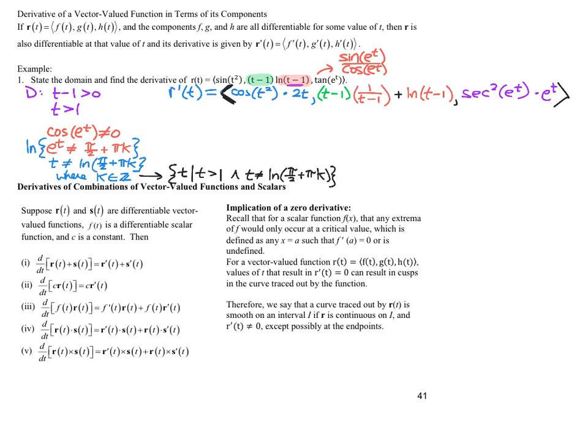For a vector valued function, if the derivative is equal to zero, that means, among other things, because you can have turning points at those locations, it also means that you could be dealing with a cusp in the curve at that location, right?